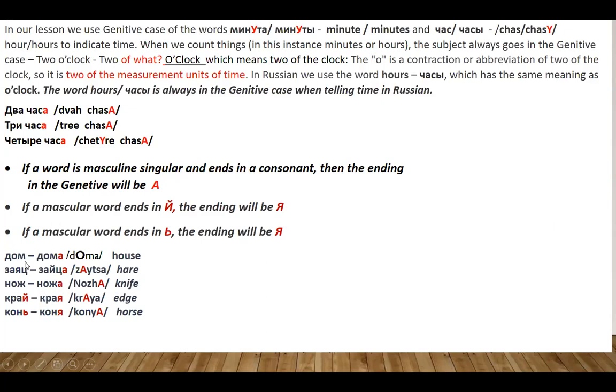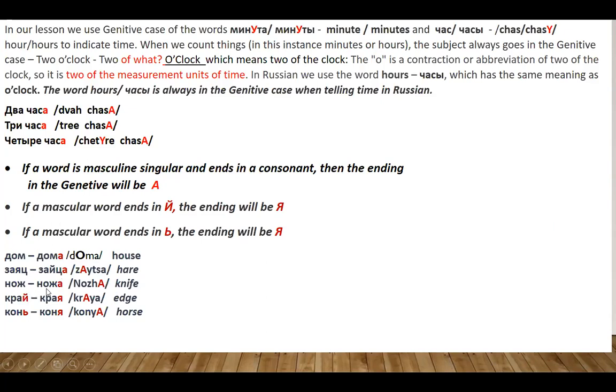Дом, house. Дома, in genitive case, absence of house. There is no house. In Russian will be нет дома. Заяц, in nominative, in genitive, нет зайца, зайца, ending a.